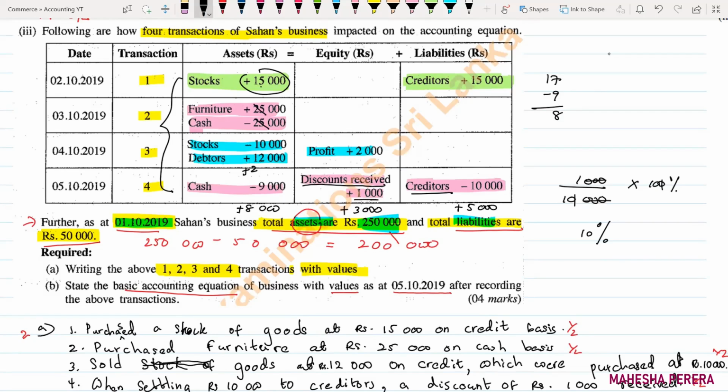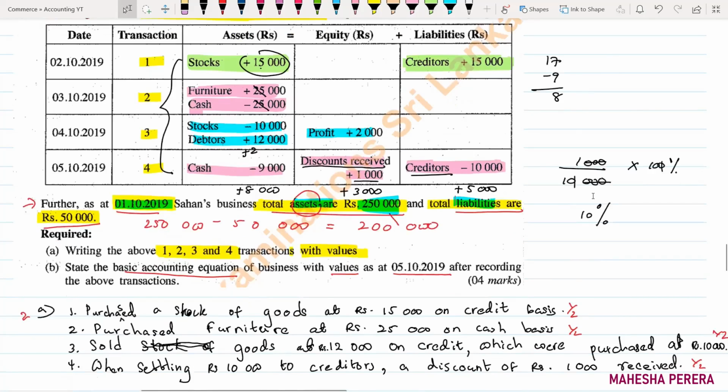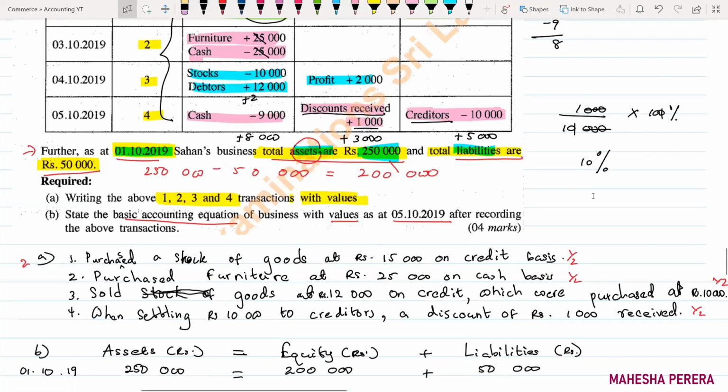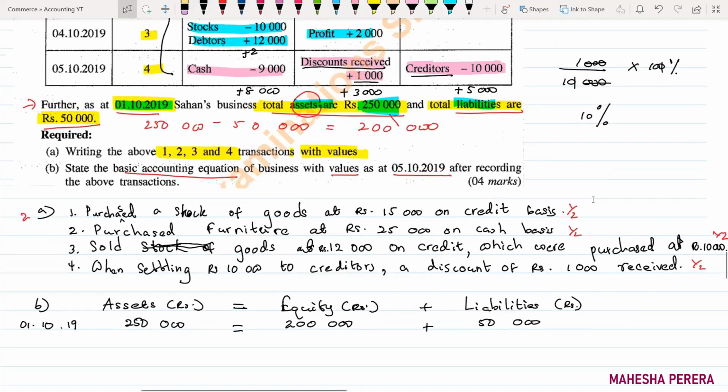And now what you do is, now this particular answering method is given in the marking scheme, right? So you can write now below the opening balances, you can write these values with the sign actually, right?